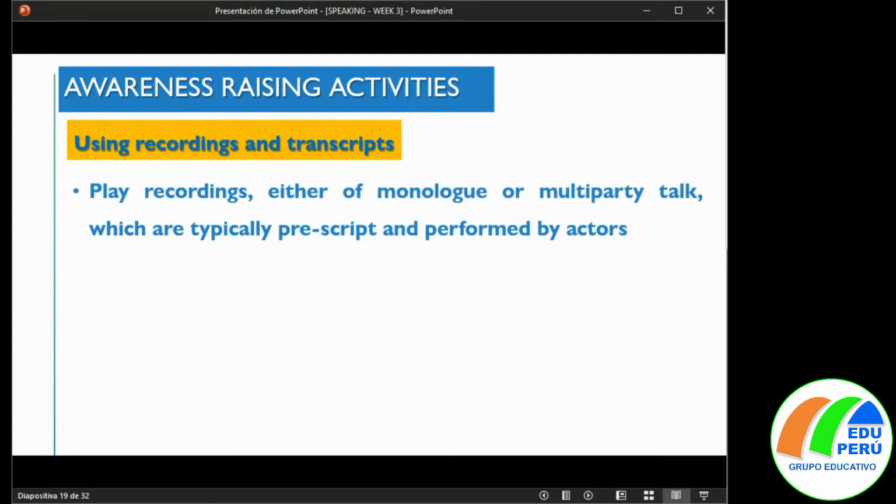So they are going to listen. Notice, they are going to listen, which are typically pre-scripted, so they have a script, and performed by some actors. Could be real or unreal. Remember when we talked about pedagogic or authentic and non-authentic material. So we could use here authentic or non-authentic material.